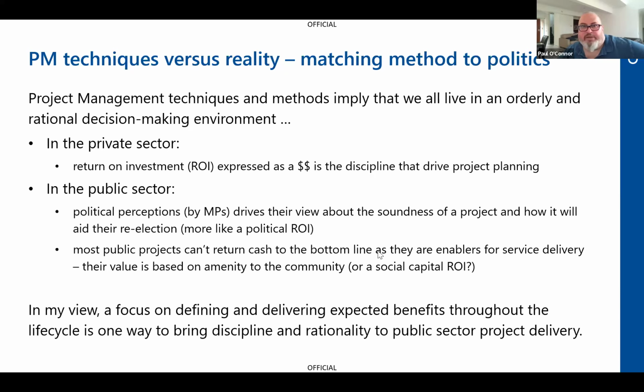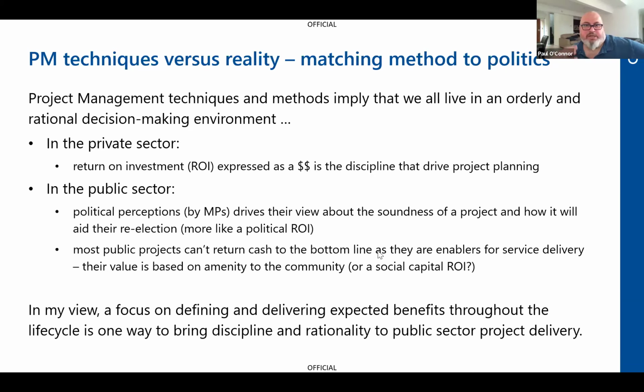And so what I think of that is like a social capital ROI by building public infrastructure. Are we actually increasing our capacity as a society to function? So it's a very different pattern of thinking. And so when we think about these two quite different universes for project appraisals, how do we unify that view as project management professionals?